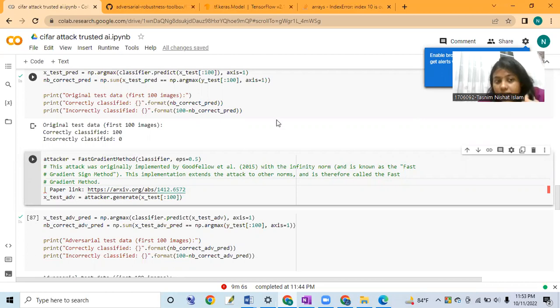Today we are learning how the fast gradient method works, so we can only get the gist of the paper.